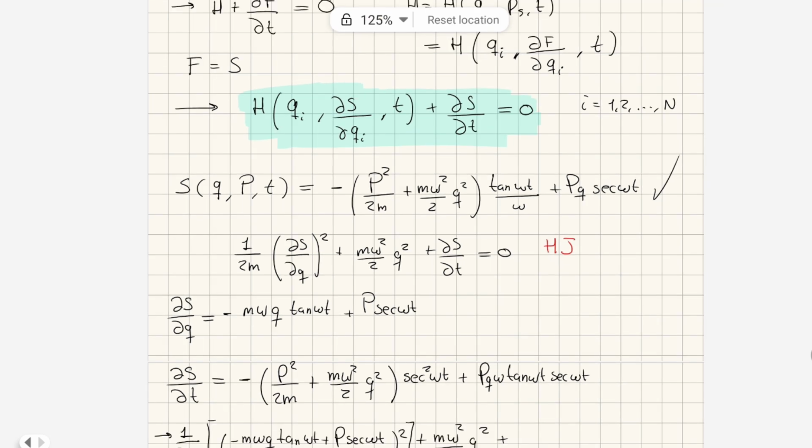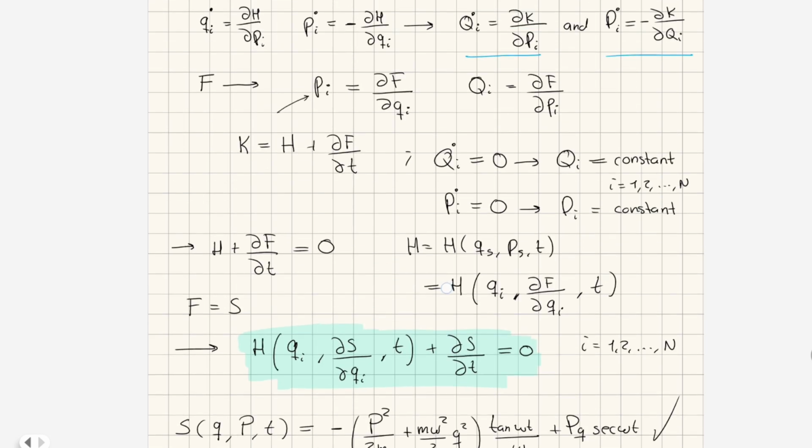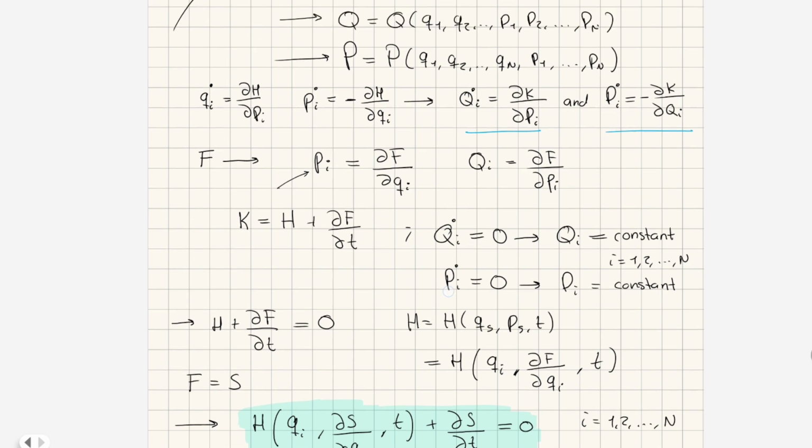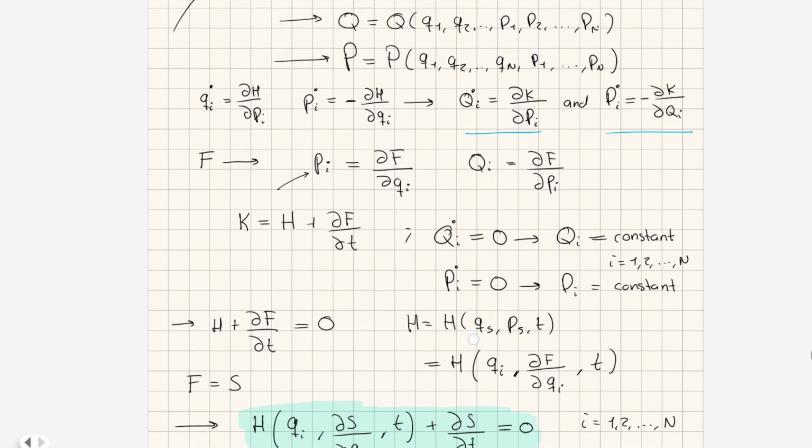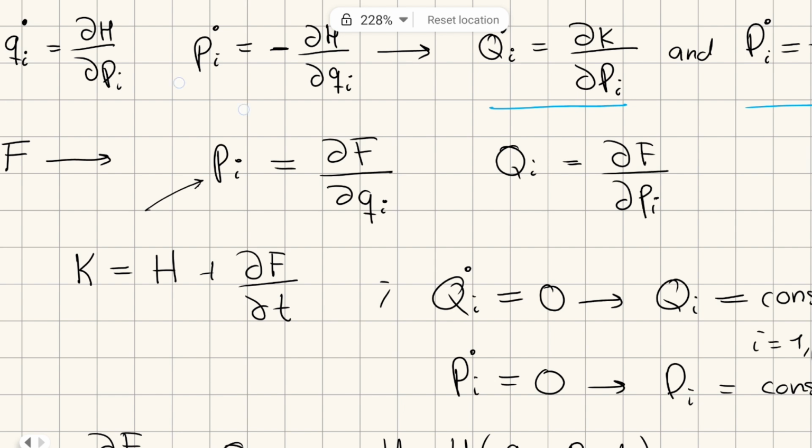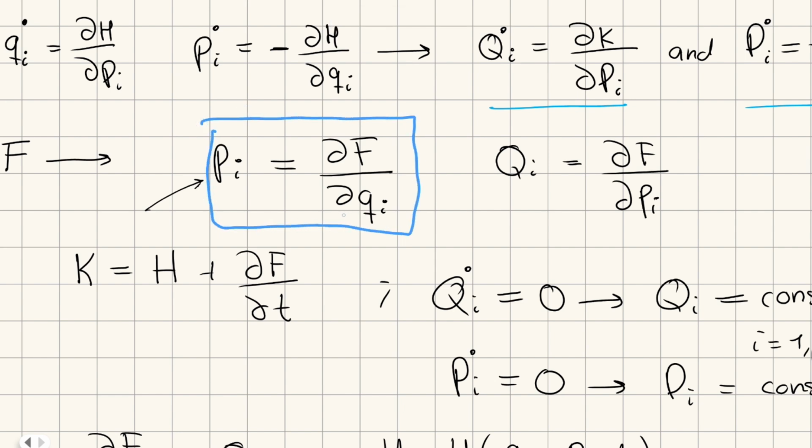Okay, so after finding the solution, then we can say that this s is going to satisfy these two equations that we have here, that pi can be found taking the derivative of that s with respect to qi, and that q can be found just taking the derivative with respect to the p element.